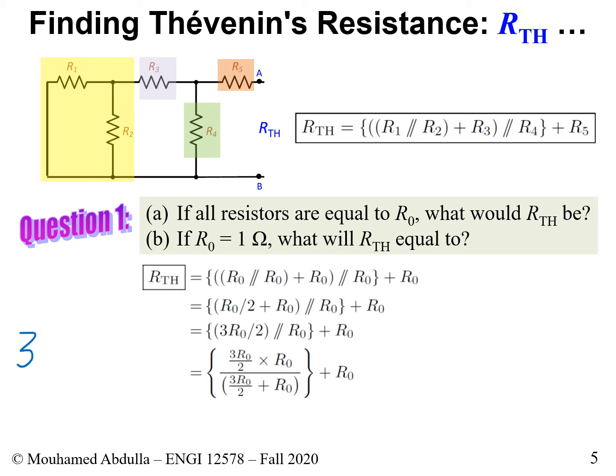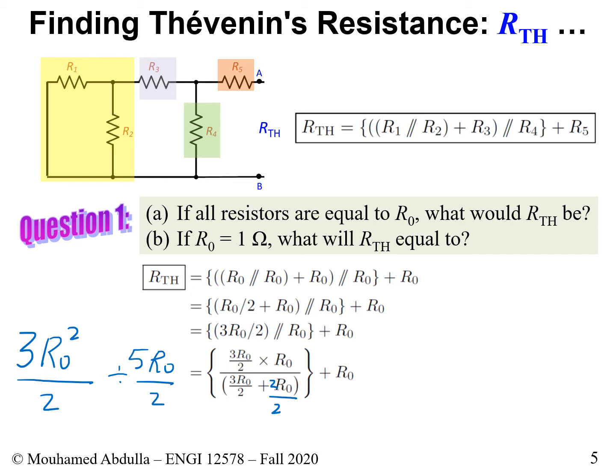So we have 3 R0 squared, right? You multiply these two together, divided by 2, and in the bottom, if we put them with a common denominator, you put 2 here, you get 5 R0 over 2. And when you divide, you essentially multiply the reverse.